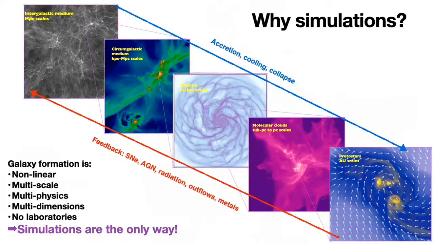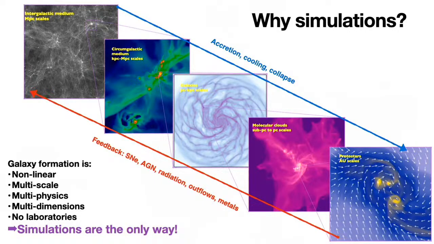Because the baryons can cool radiatively, they form relatively compact structures, galaxies, inside those halos, inside which the gas continues to collapse onto smaller and smaller scales into these filaments, molecular clouds, and eventually form stars. These stars then inject energy into their surroundings in the form of radiation, supernovae, stellar winds, which cascade back to larger and larger scales, eventually creating galactic winds and radiation, which escapes from those galaxies and affects the gas, which is trying to fall into the galaxy.